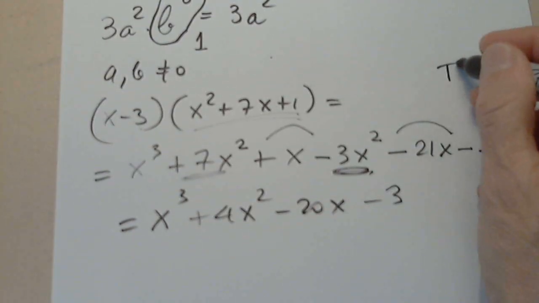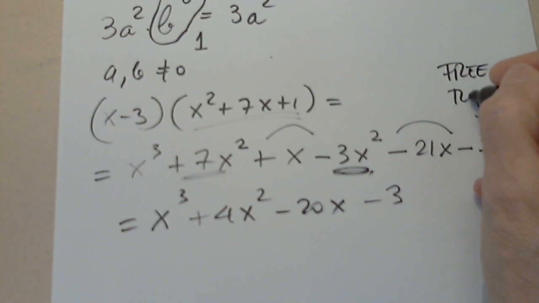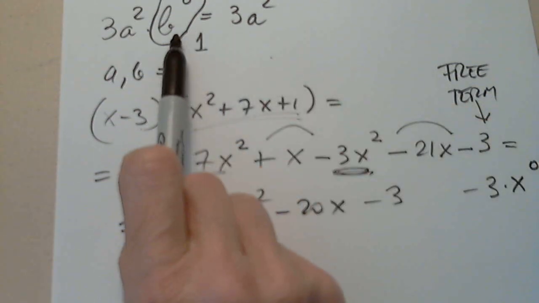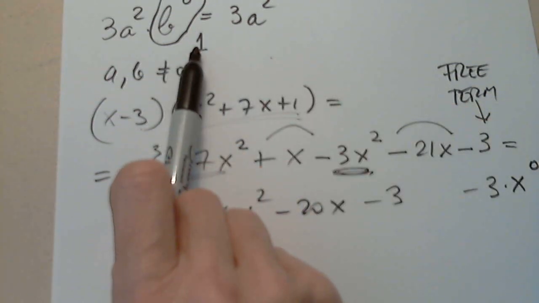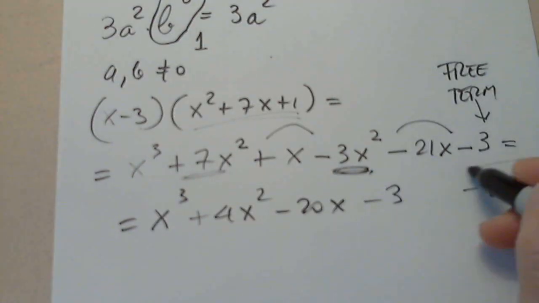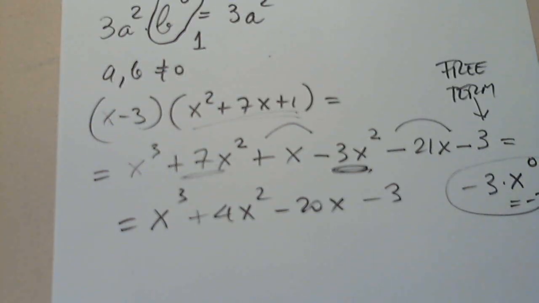We call this free term free because actually it has negative 3 times x to 0, but x to 0 is 1. That's why it does not have x. So this is negative 3.